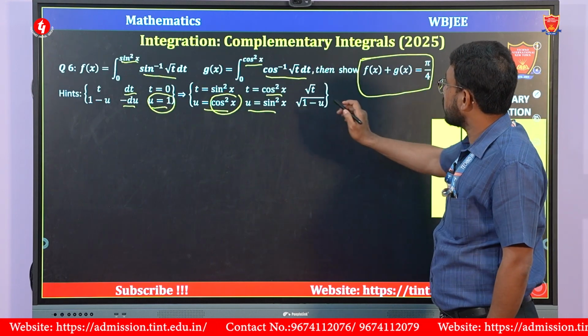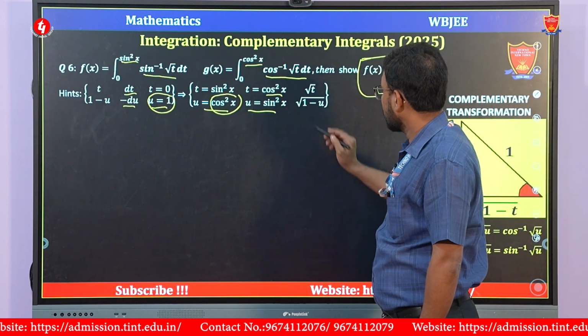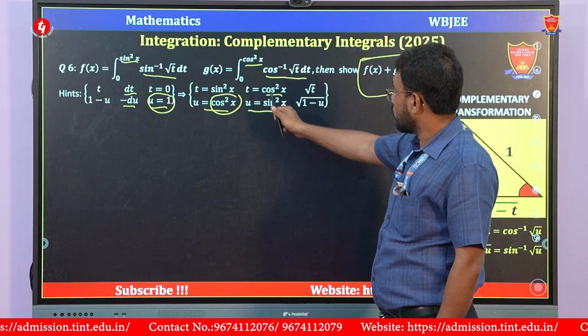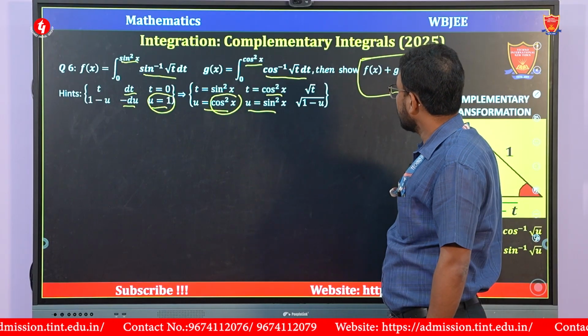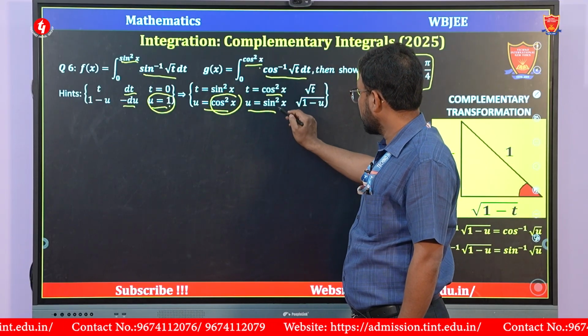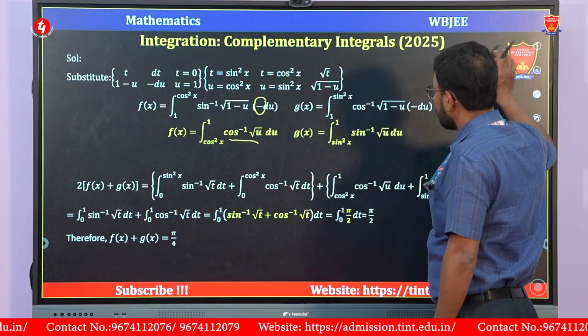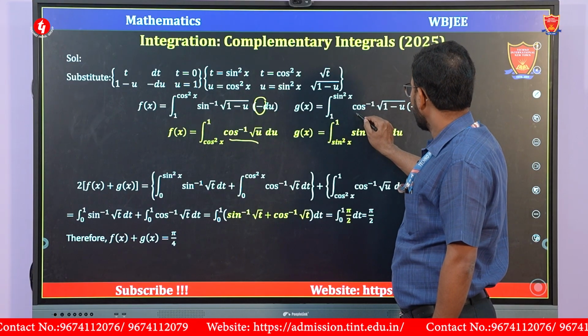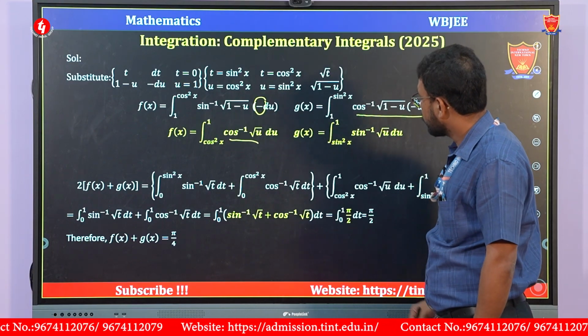And similarly for g of x, what is your g of x function? G of x is 0 to cos square x of cos inverse root t dt. Okay. So, when t is 0, u is 1 and when t is cos square x, u is sin square x. Just substitute 1 to sin square x of cos inverse root of 1 minus u.